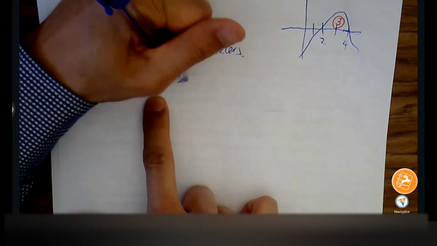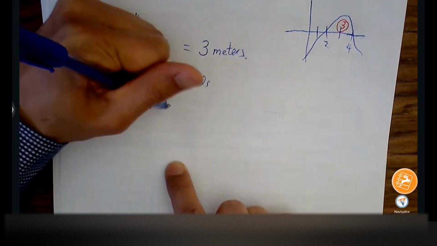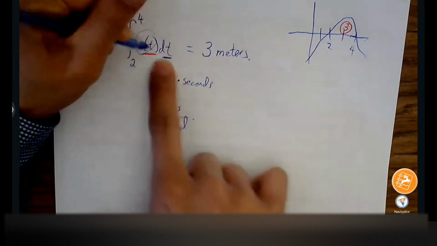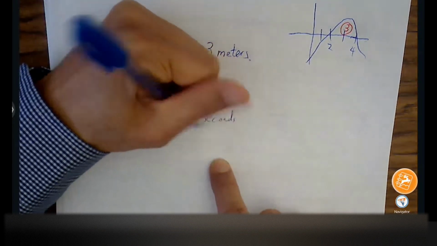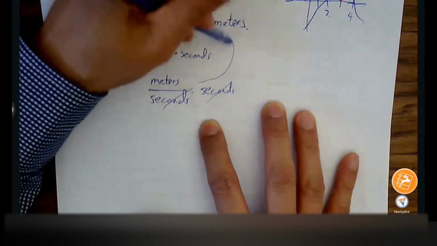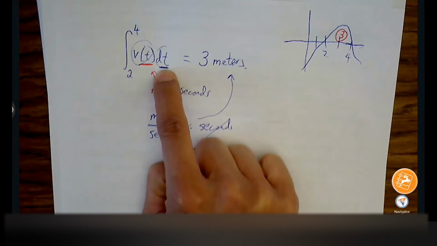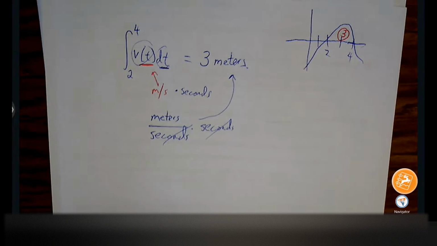So this is also in terms of seconds. When you have meters per second and you multiply it with another seconds, then these units are going to cancel out, and you're going to be back to meters. So anytime you go through an integral process, you're multiplying by time. When you multiply by time, you're going to lose it from your denominator.